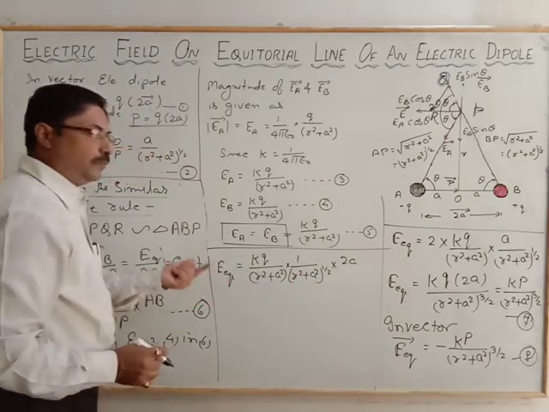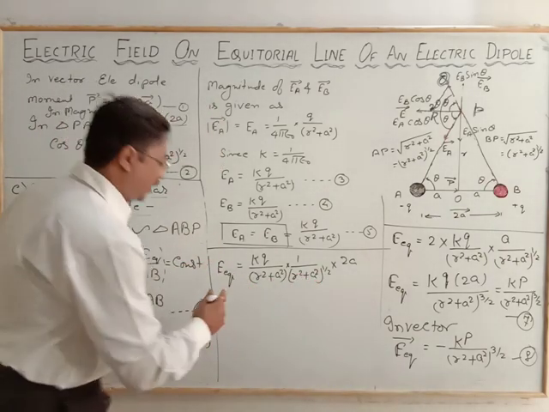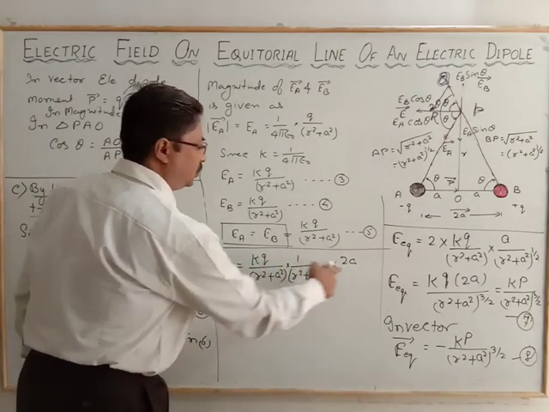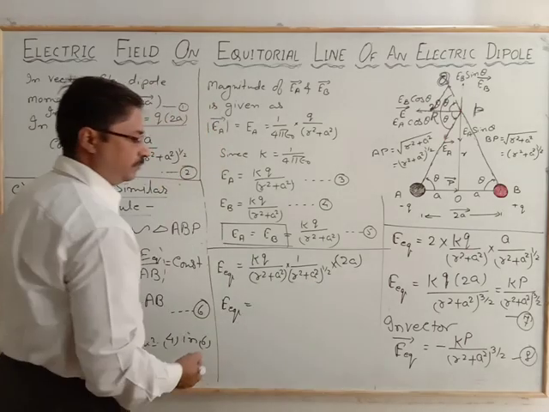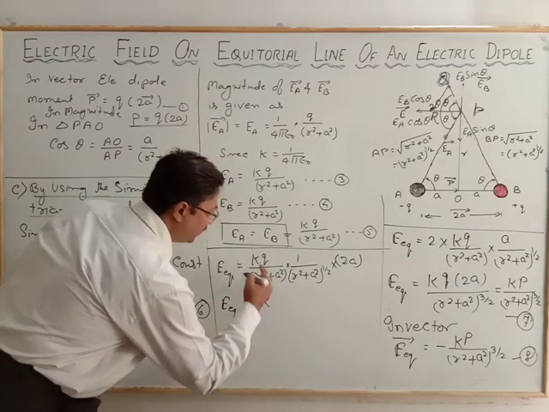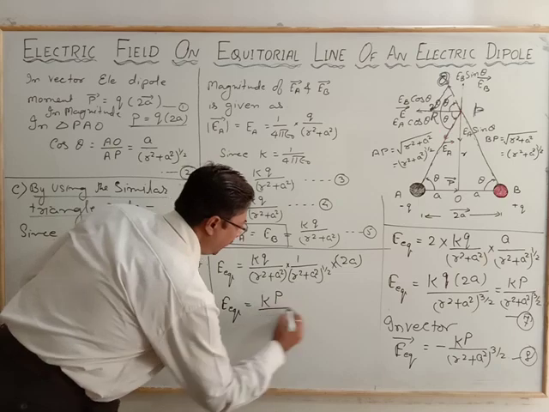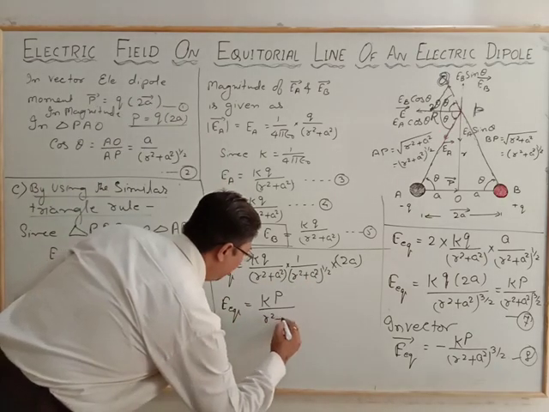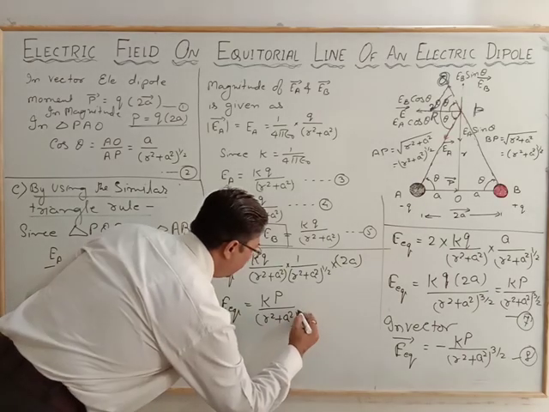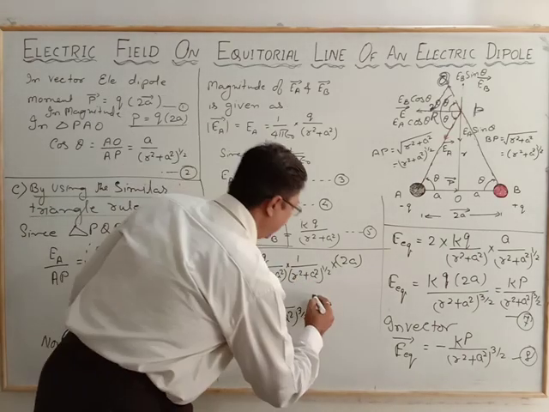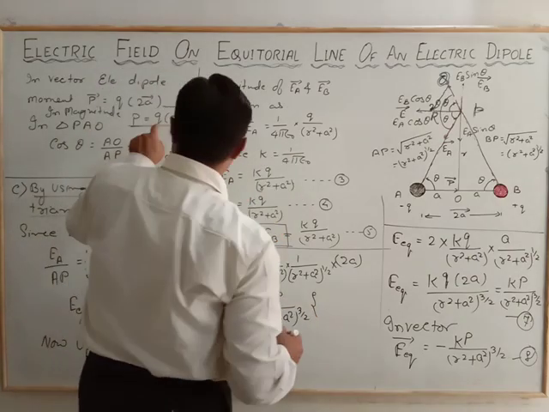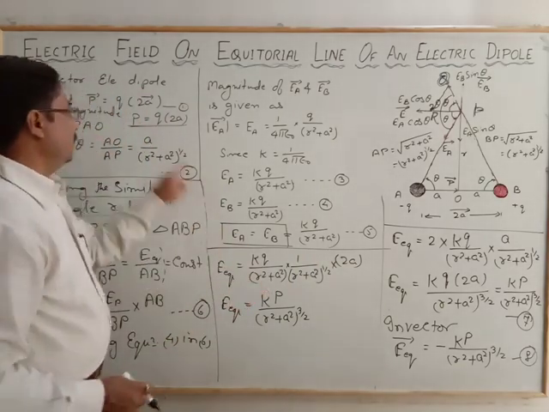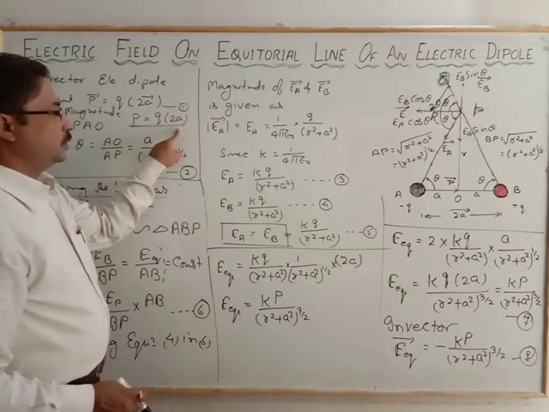In every way you will find the same relation, and here E equatorial is equal to K into Q into 2A, and here the bases are the same, so the powers will be added: R square plus A square whole 3 by 2. What we have done here is we use the relation number 1, P is equal to Q into 2A.